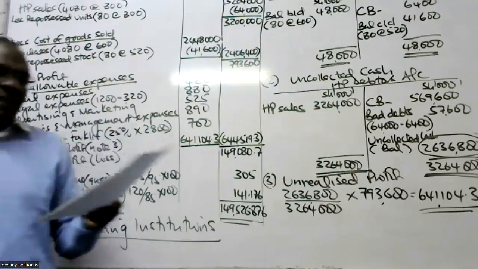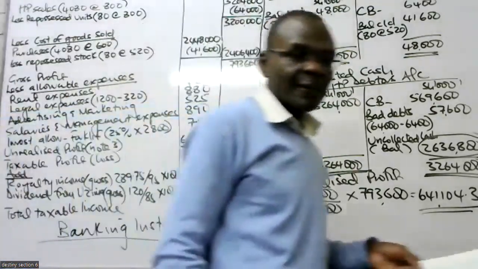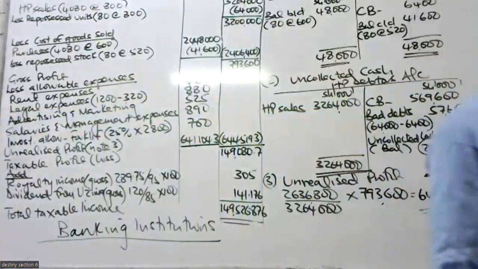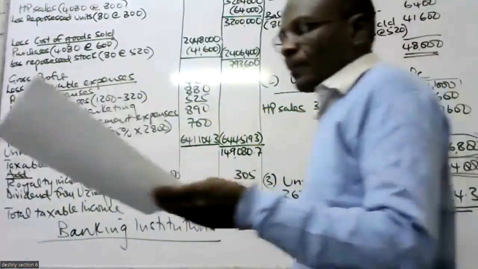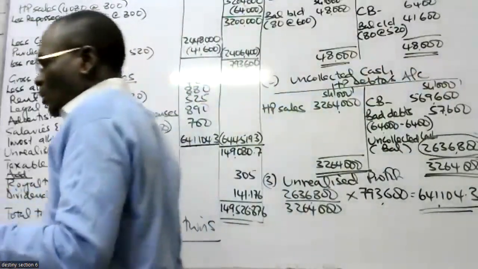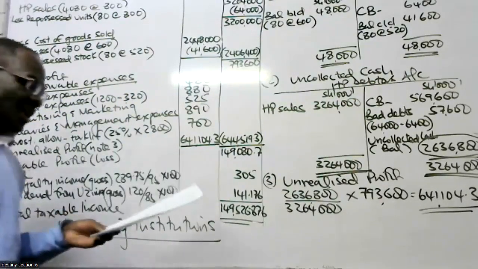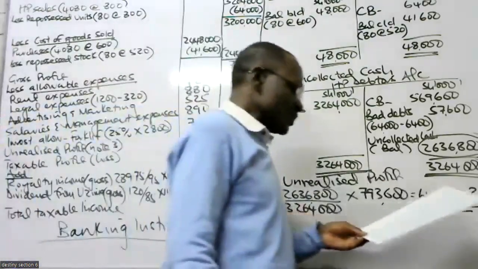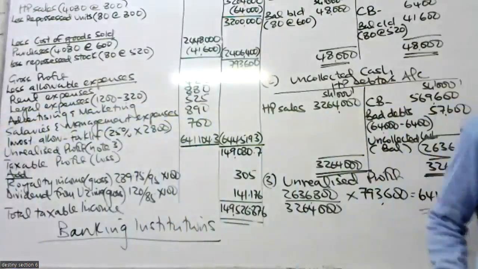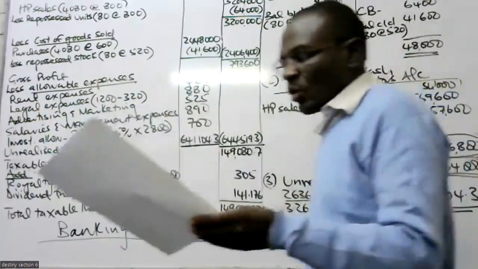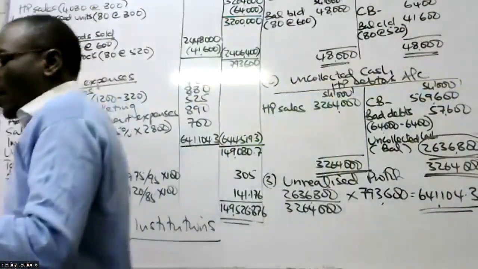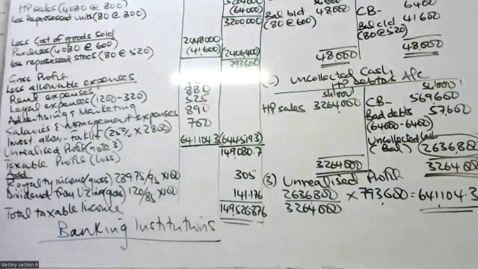So say this item represents unearned discounts on bills discounted to maturity after the year end.